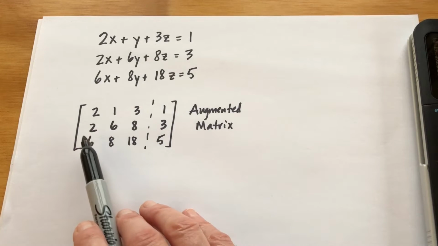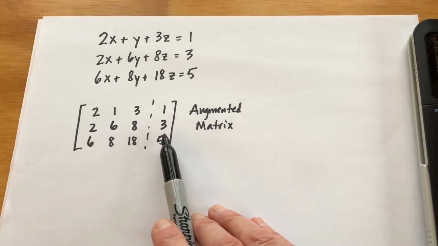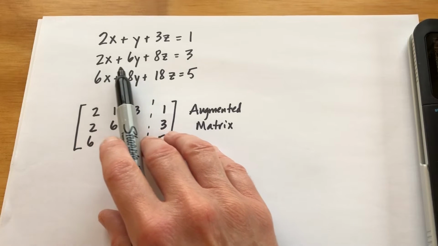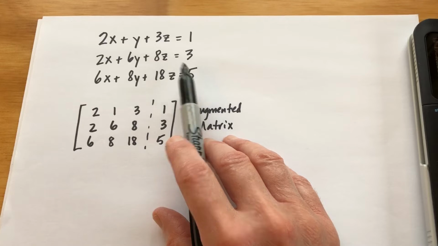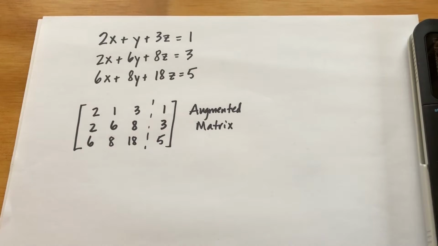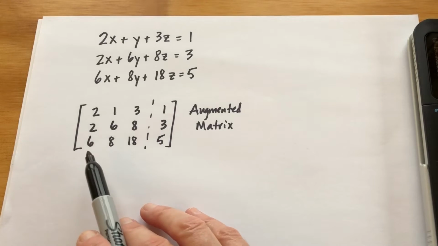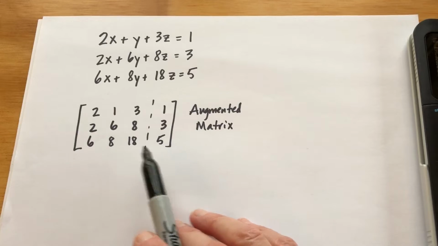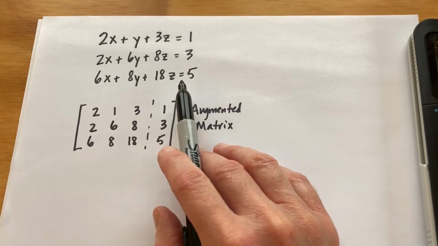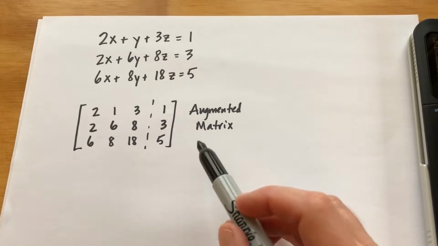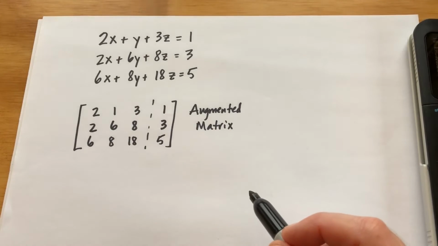And likewise, my second row in my matrix corresponds with the numbers associated with that second equation. And my third row of the matrix, likewise the third equation. And we call this an augmented matrix.